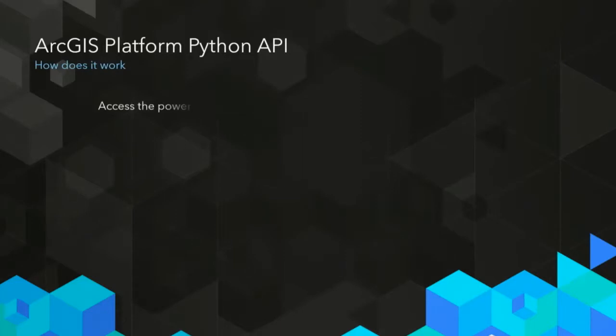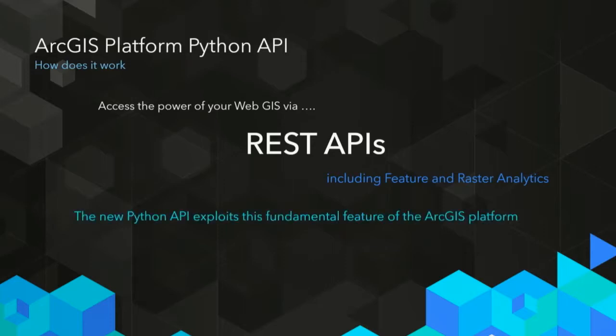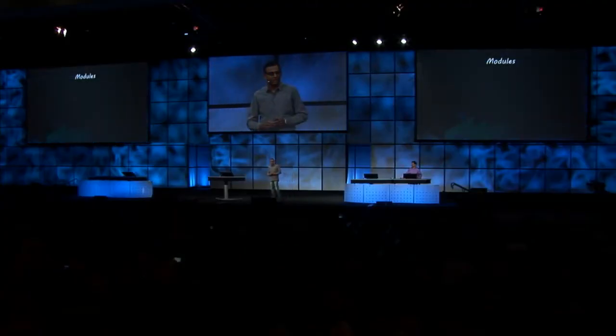So how does it all work? Through REST APIs. You access the full power of your WebGIS through REST APIs, and that includes the analytics that you saw earlier today. And that's a fundamental feature of the platform, and this API exploits that. The modules of this are pretty simple.